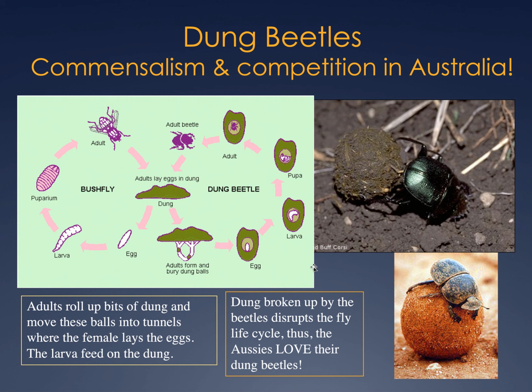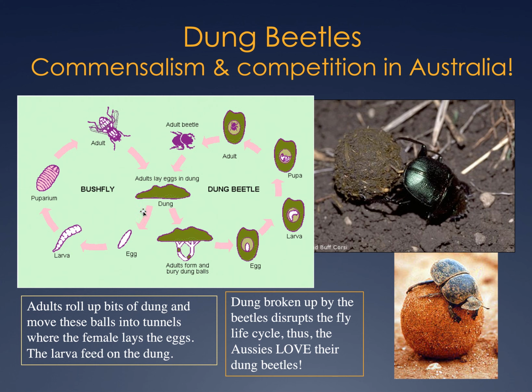In Australia, they introduced cattle. And the cattle would, of course, have dung everywhere. And that dung was a place where bush flies, which are a major serious parasite, would lay their eggs in the dung, the cow pie, and their eggs would hatch out and we'd get more bush flies, because there were not dung beetles that were introduced into Australia to break down this dung.